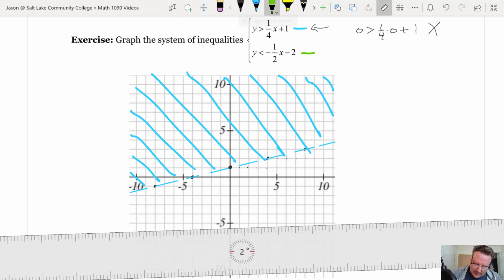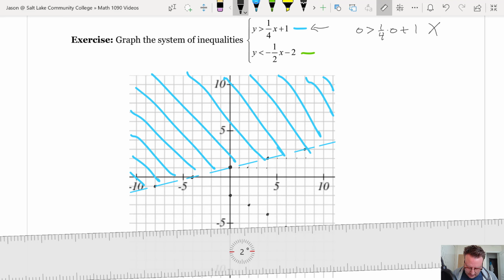All right, now let's switch to the green line. This line has a y-intercept of -2, which is right here, and a slope of -1/2, which means if I run 2, I descend 1. So if I run 2 to the right, I have to descend 1. That puts me right there, and then there, and then there.